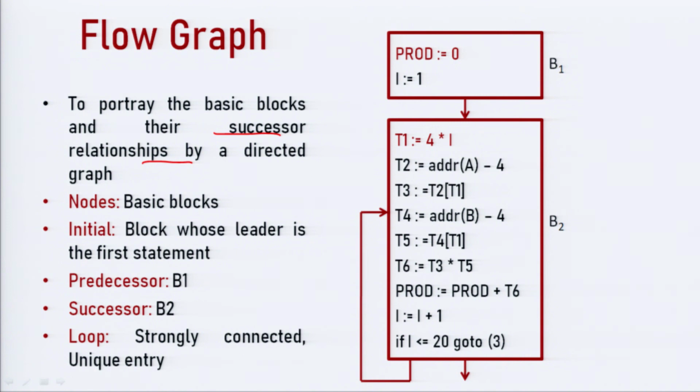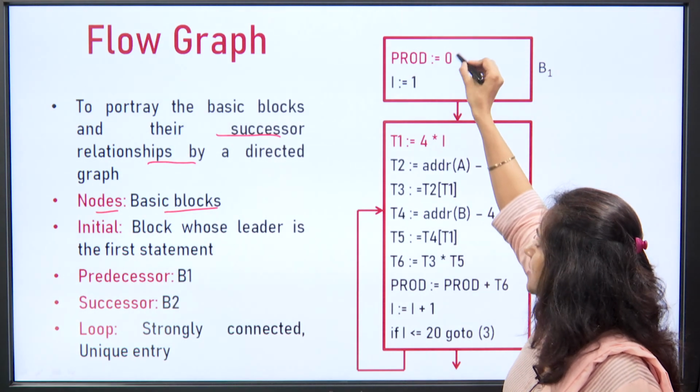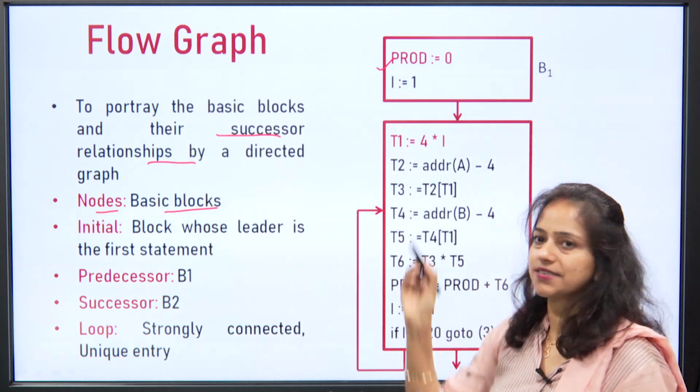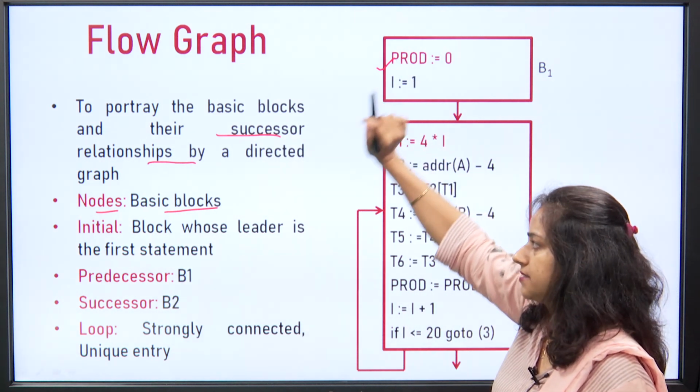Nodes mean the basic blocks, so the blocks will be treated as the nodes and we will mark the transitions between them. Every directed flow graph will have an initial state. The initial state is the block that carries the first statement of the program.